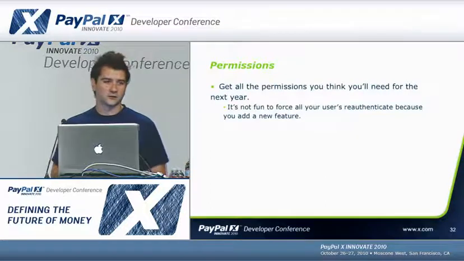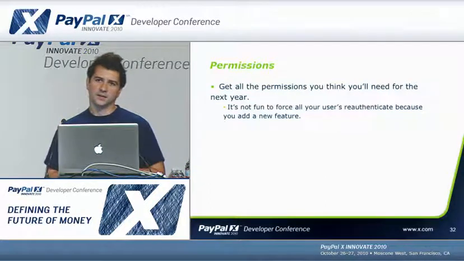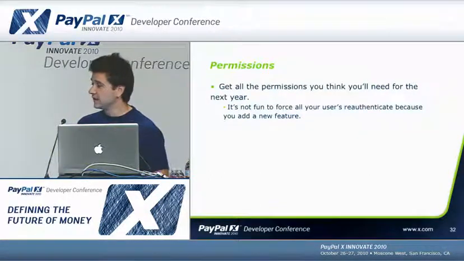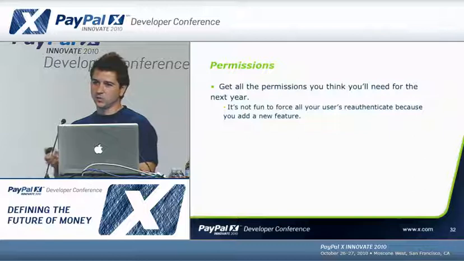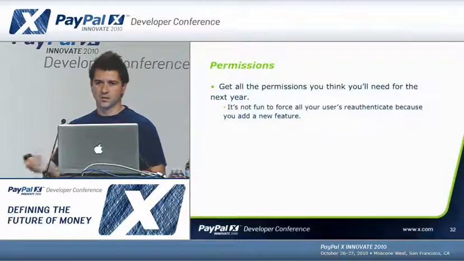This is something that we found just working with PayPal, and we tend to always need little permissions. What I would do is think of what permissions you need, and think of what you need now plus a little bit. So we originally were like, oh, we just need transaction search, but then there was a bunch of other APIs that we knew for a fact we were going to want.